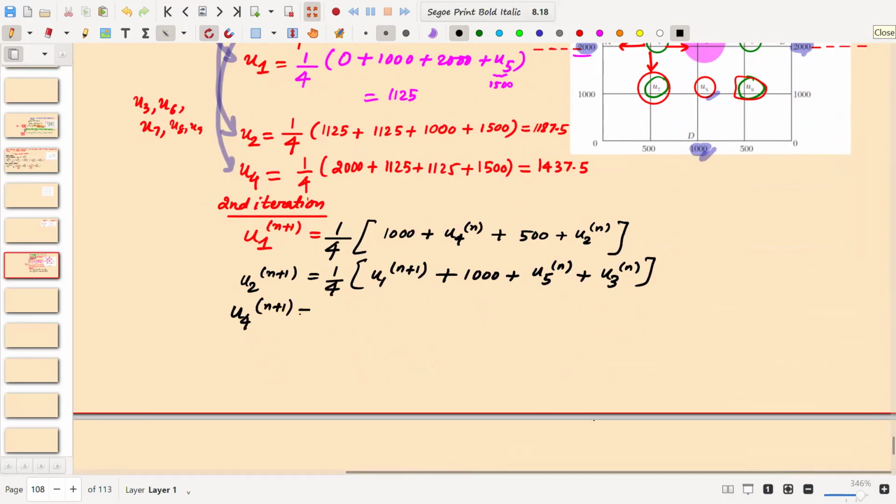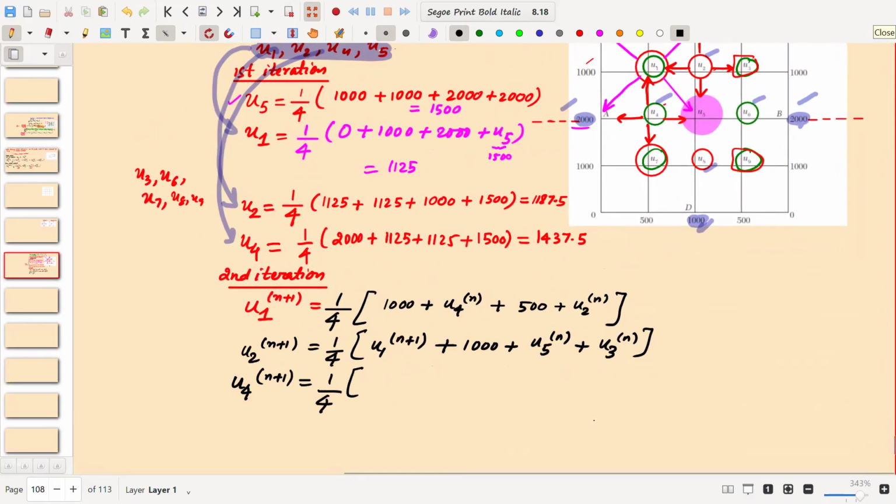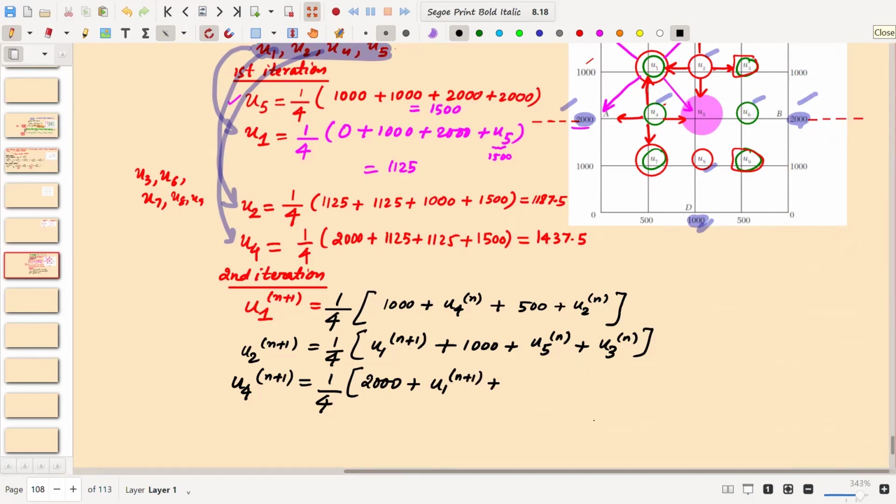U4 of n plus 1, can anyone? 1 by 4 of what? 2000 will be there, the boundary, plus U7 of n plus U5 of n.